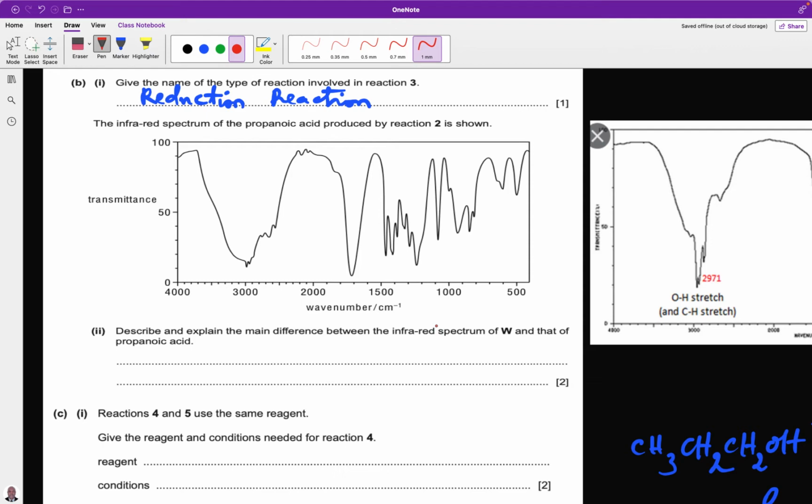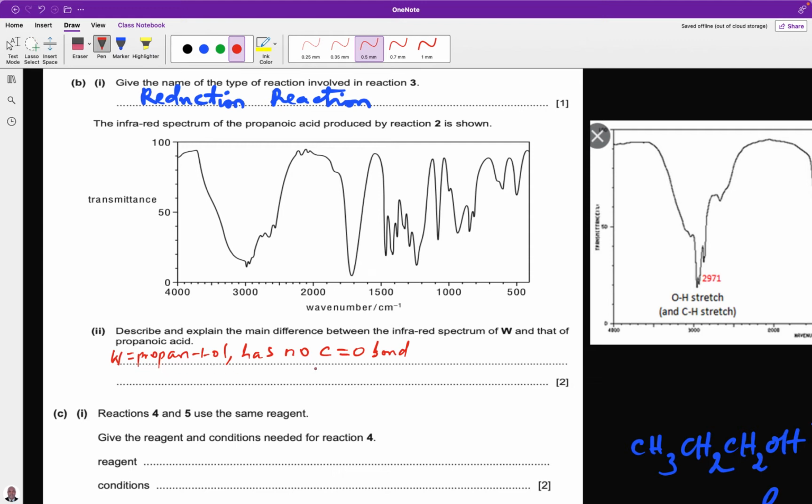For instance, in this case, using my data booklet, I can now write that W is propan-1-ol and has no carbon-oxygen double bond.